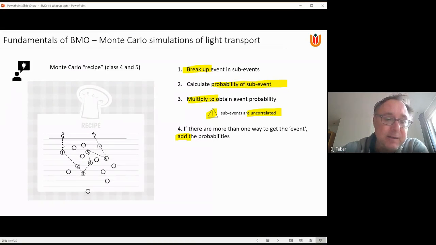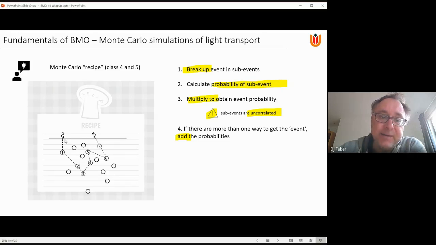We can try to simulate as many possible photon paths that connect the entrance point to the exit point, and calculate the probability for each of that path happening. If these paths are all independent of each other, and they are, then we can add the probabilities to calculate the total event probability.